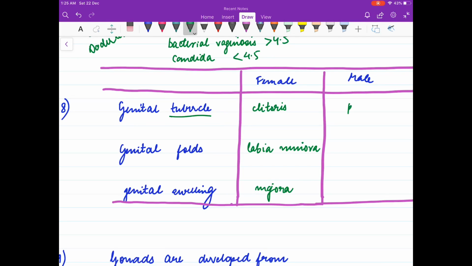In males it forms penis; penile urethra is a derivative of genital folds. Basically genital tubercle forms glans penis, and genital swelling forms scrotum.